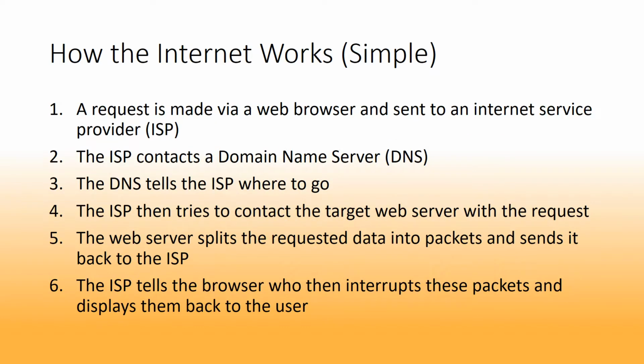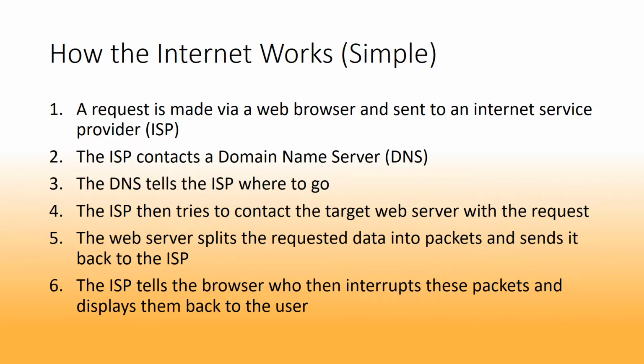So before we can go into the new technologies and trends in the web design world, let's first just cover some base information here. We can go over how the internet actually works. So every time you go out and open a web page, this is what's happening. First, a request is made via your web browser, and it's sent through your internet service provider.